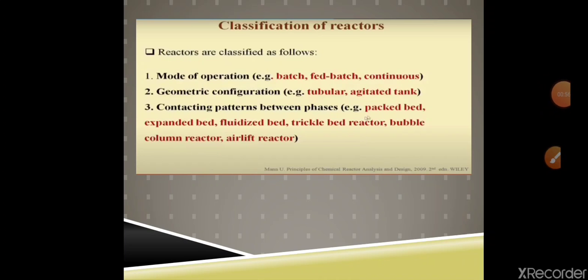When you talk about the mode of operation, we have 3 types: batch operation, fed batch, and third, continuous process.